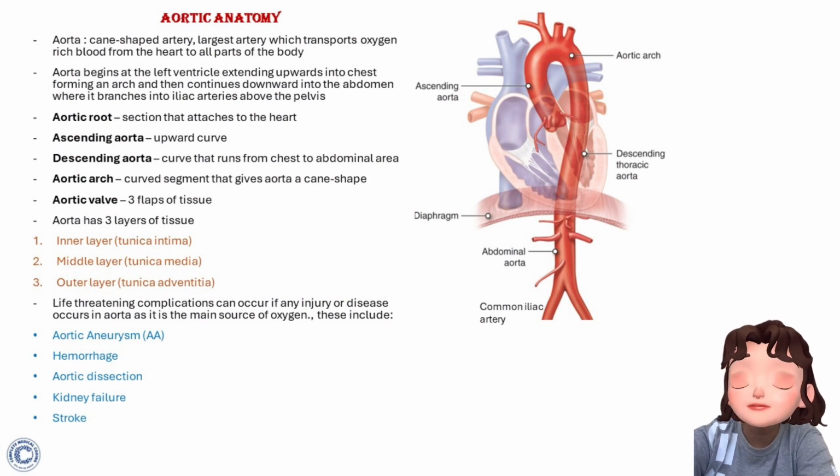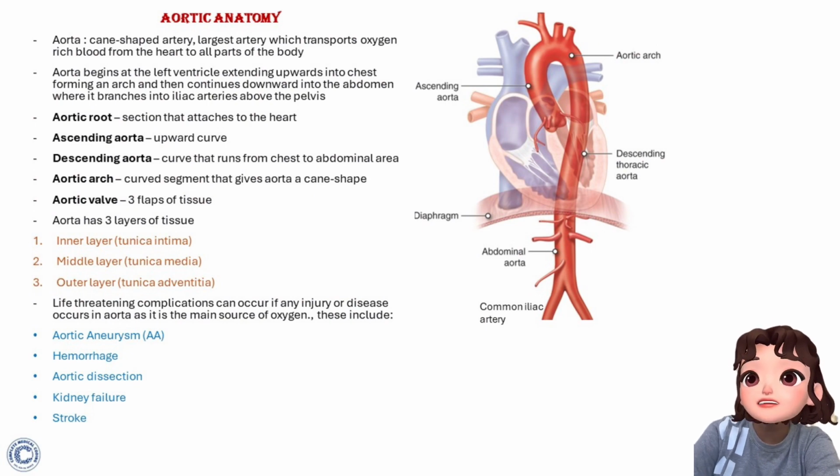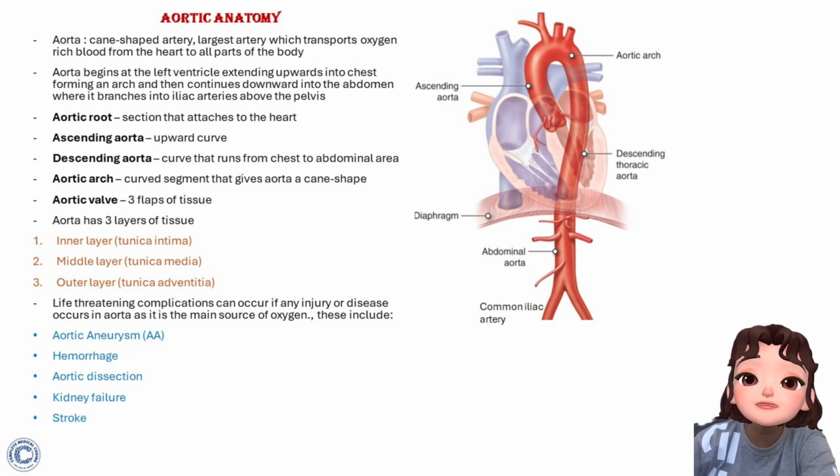You will get it in short form as AAA. Then hemorrhage, which means internal bleeding, aortic dissection, kidney failure, and stroke. So these are the life-threatening complications if any injury happens to aorta.